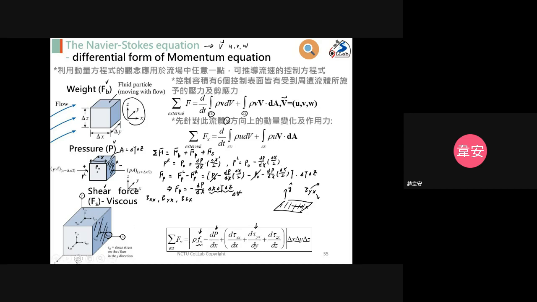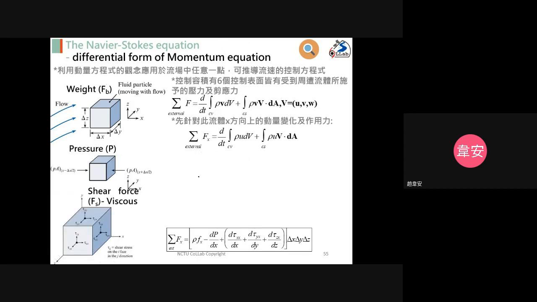Okay, so now again, we try to describe the force contributed from the shear force. We can assume the center of the cube is tau zero, and then we can try to understand the shear stress on the surface.